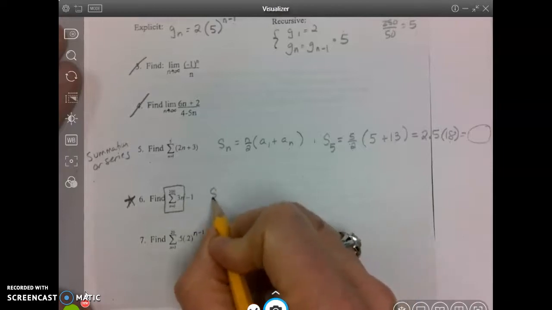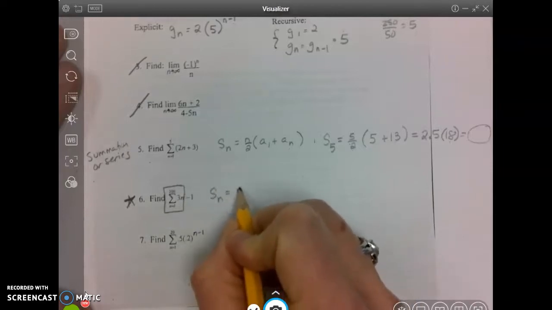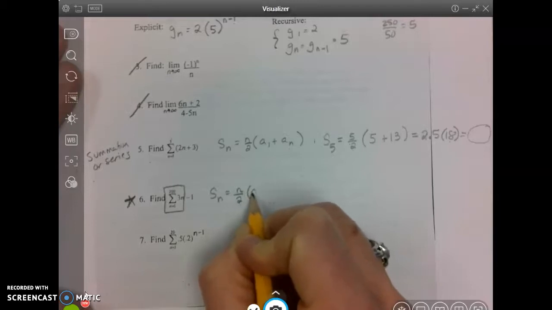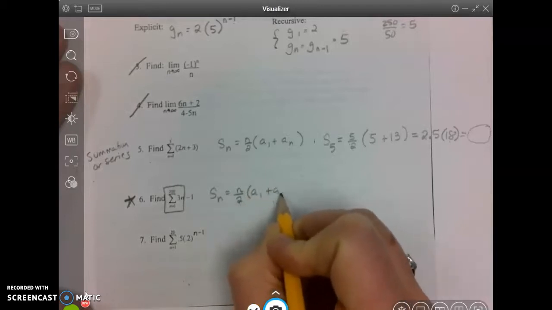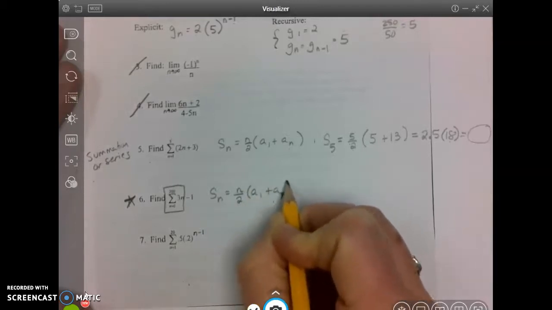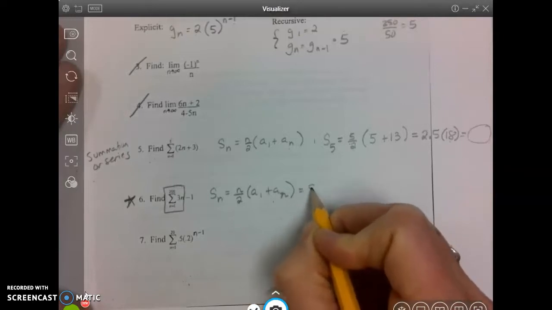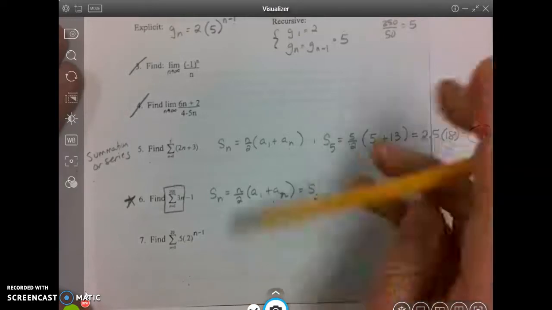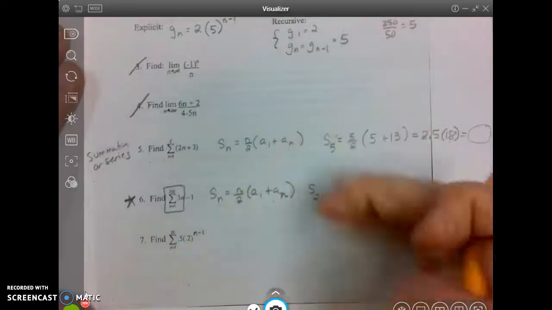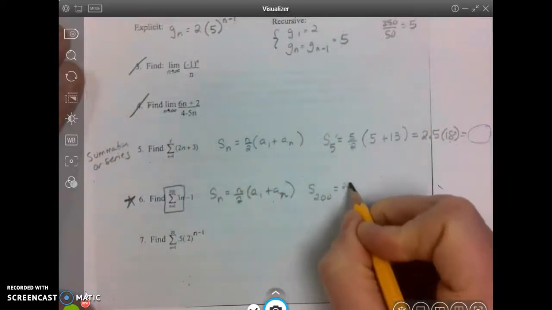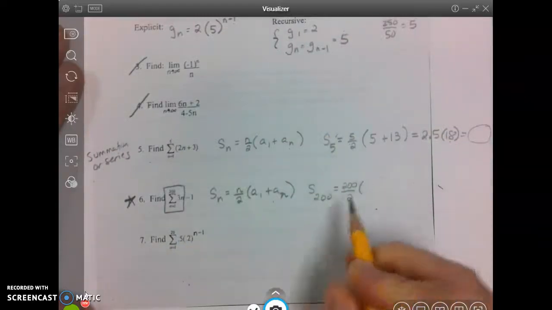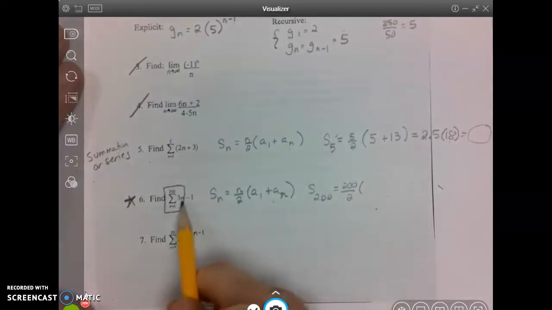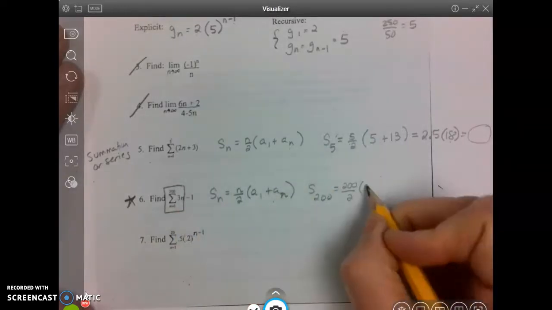So I'm going to use the same formula I used last time. I like to write down my formula that I'm using. So S sub 200 is 200 divided by 2. The first term would be 3 times 1, which is 3.